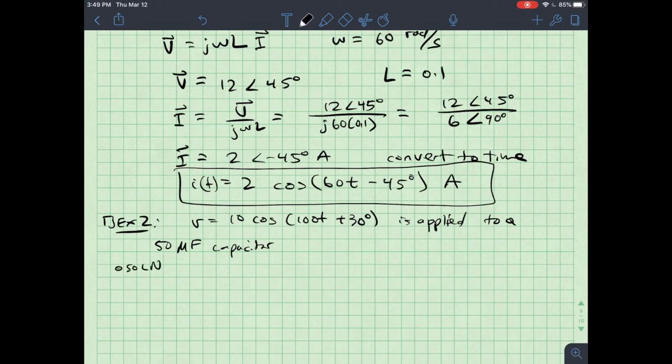I want to find the current in the capacitor. Find I, and specifically, I want to find i(t) in the capacitor.